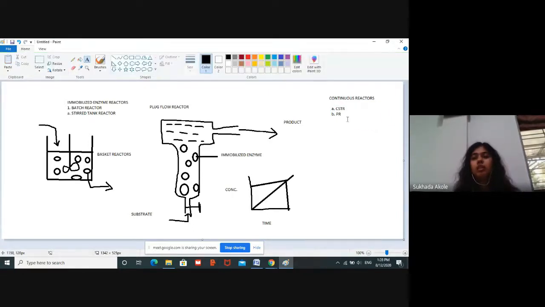CSTR means continuous stirred tank reactor, and PFR is called a plug flow reactor. My plug flow reactor can be used for batch reactions as well as for continuous reactions.